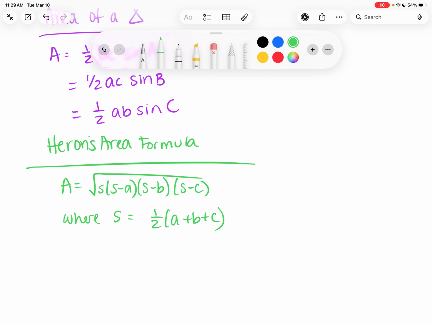And so if we add up all the sides and we cut it in half, you get half the perimeter. And so that's where that comes from.